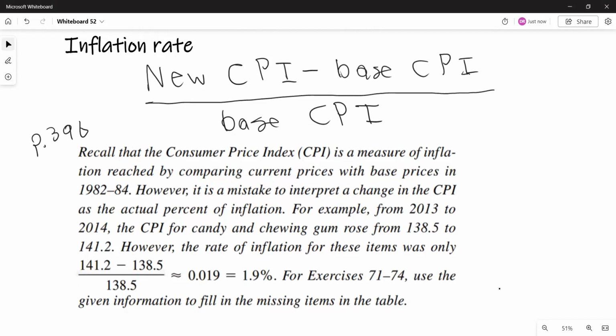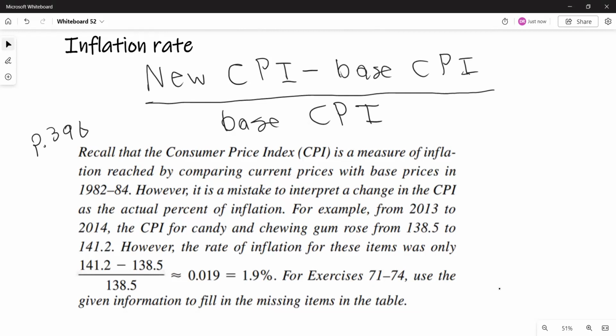Recall that the consumer price index is a measure of inflation reached by comparing current prices with base prices in 1982 through 1984. However, it is a mistake to interpret a change in the CPI as the actual percent of inflation.